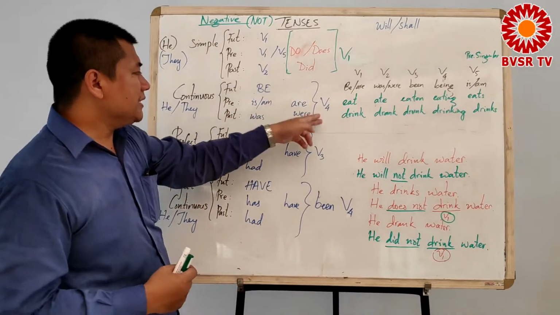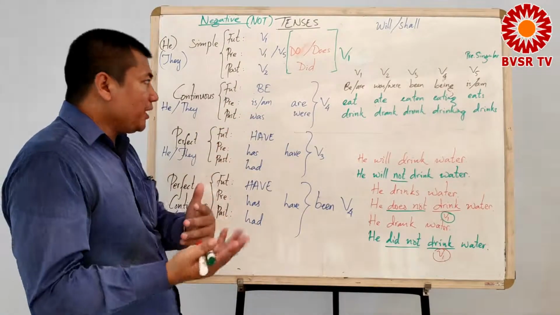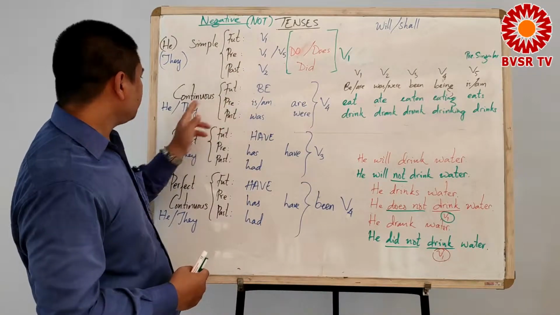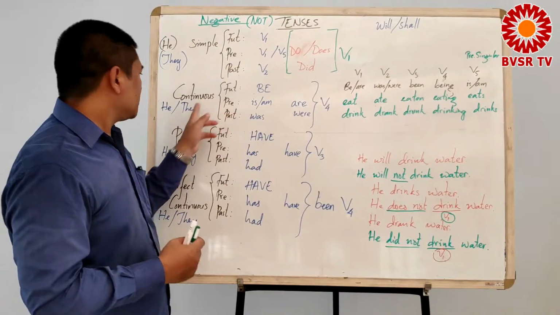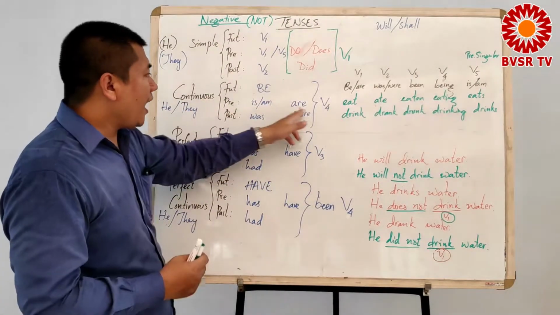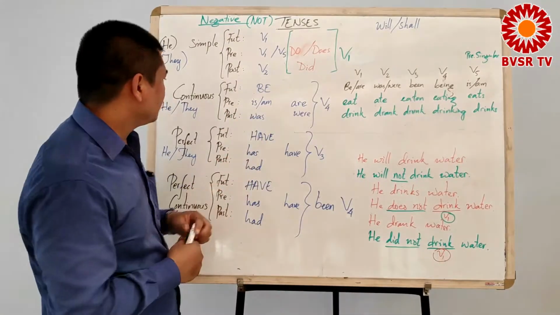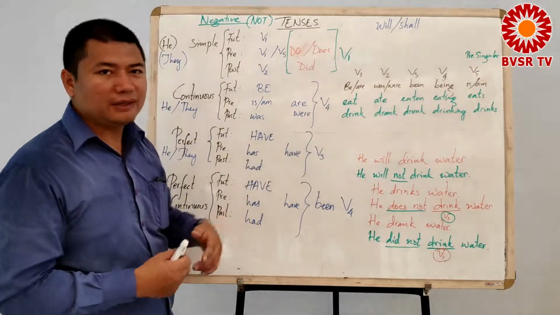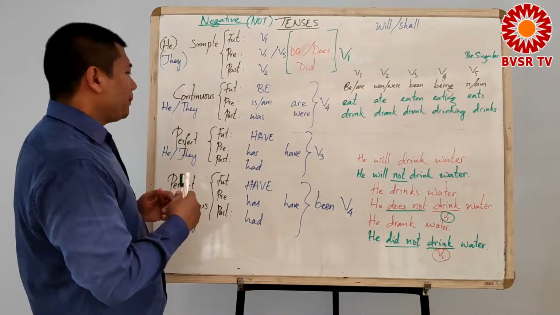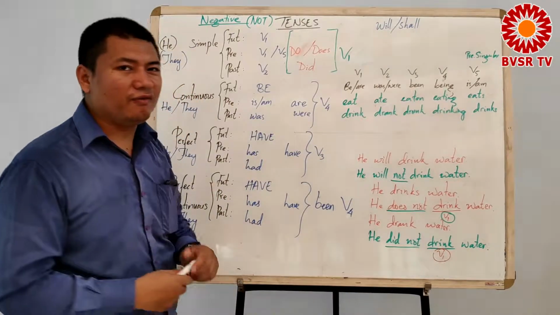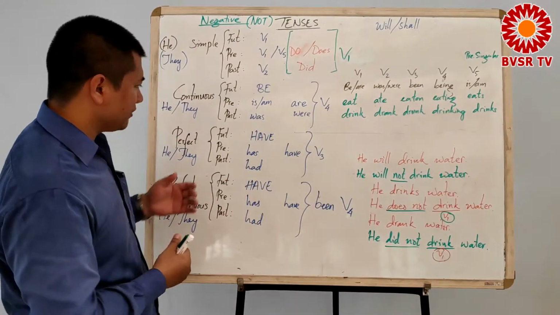They will be eating apple in the future. They will not be eating apple. Present. They are eating apple. In the negative, they are not eating apple. Simple. And they, past. They were eating apple. Negative will be they were not eating apple. See, it is very, very simple to make negative sentences now.